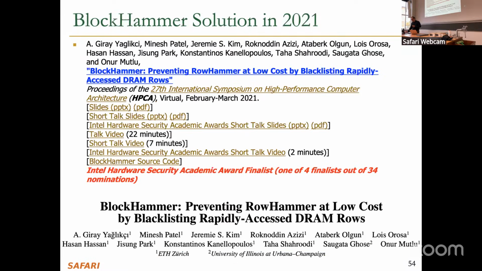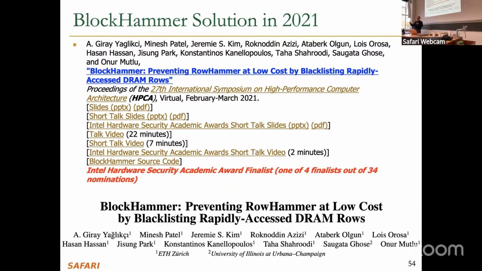Okay, let's talk about solutions also. This solution I mentioned multiple times. I will not go into a lot of detail, but this is a solution that's different from what was proposed in the earlier approaches. So we discussed that you can do a proactive reactive refresh, right? You try to detect which rows are activated a lot, and if a row is activated more than some threshold, you refresh adjacent rows.